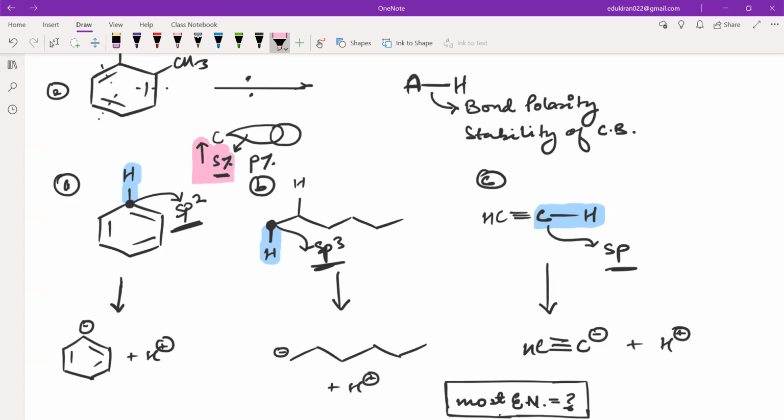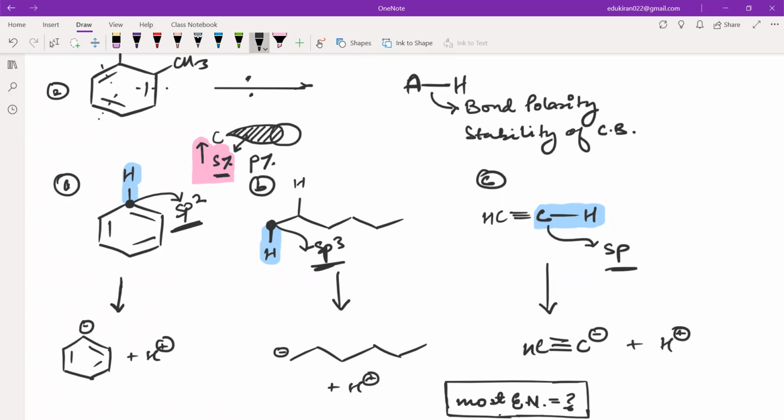Okay. Now, if this orbital is nearer, if its percentage s is higher and it is nearer to the nucleus, then the electrons, they will be facing more pull, more attraction or less attraction from the nucleus? More pull.